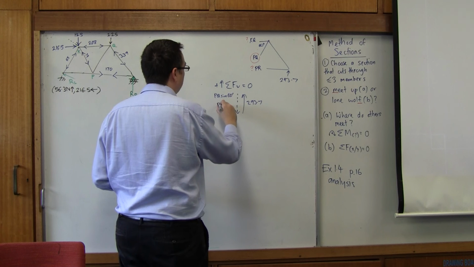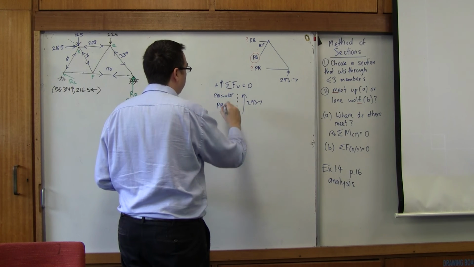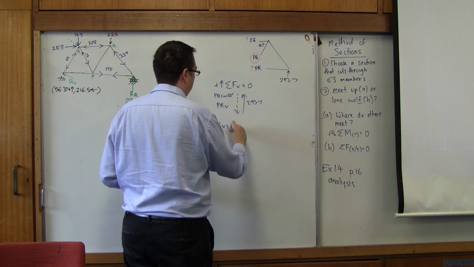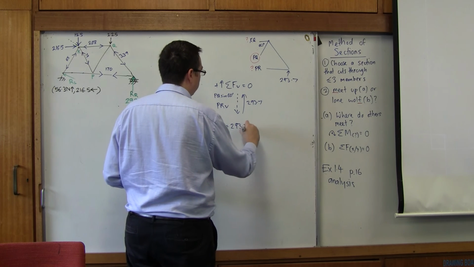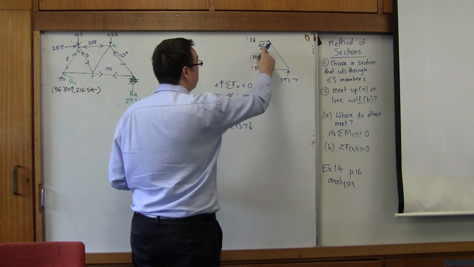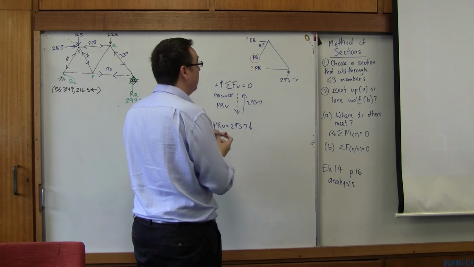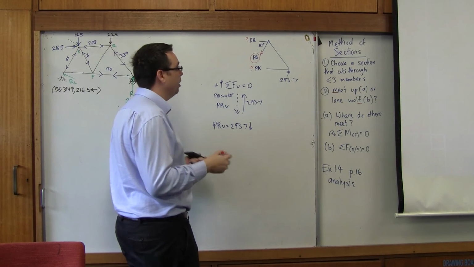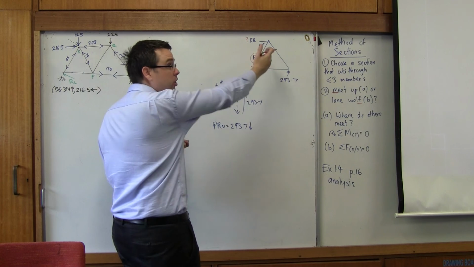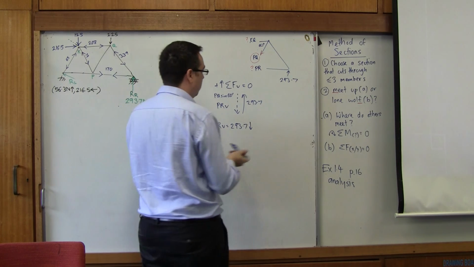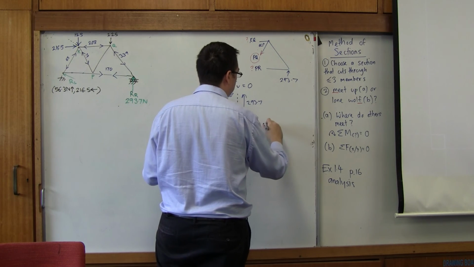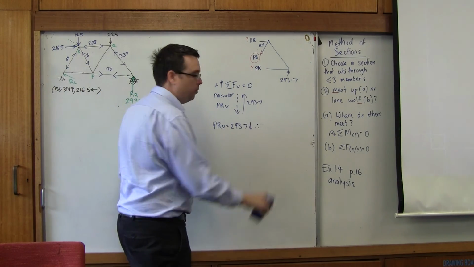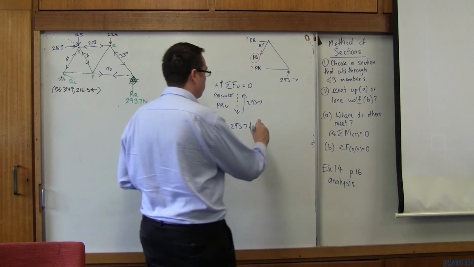I think it's easier just to remember, rather than doing the maths now, I say PRV, and so I say, well, PRV equals 293.7 down, and because it's down, our assumption is that it will pull out. If we assume tension, its tension will be down. It matches our assumption, so it's going to be tension.